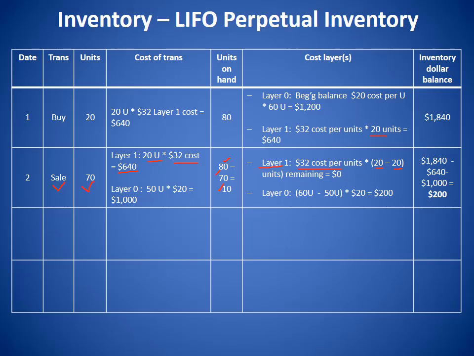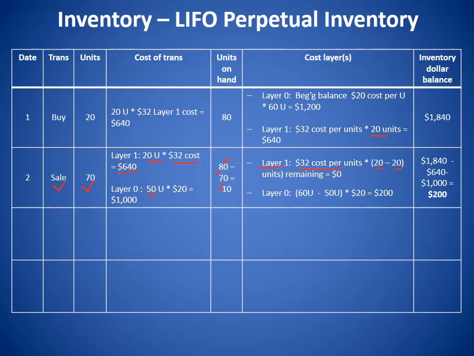But now we're not done with liquidating the layers because we've only liquidated 20 out of the sale of 70. So now we've got to take the next 50 units from the next latest layer. In this case, that is layer 0. So we take 50 units from layer 0.